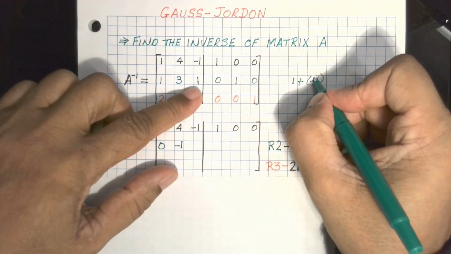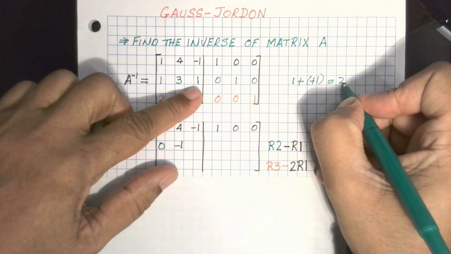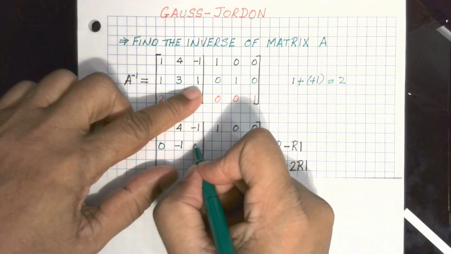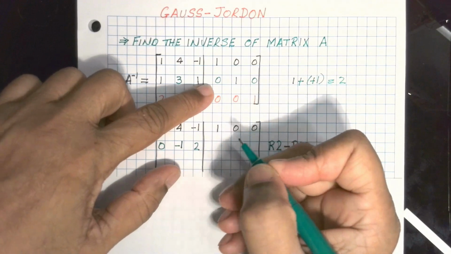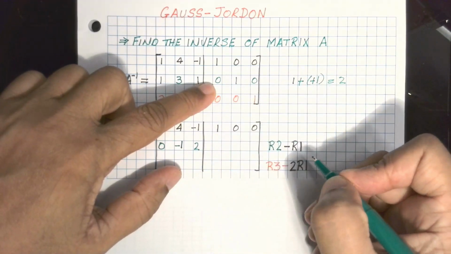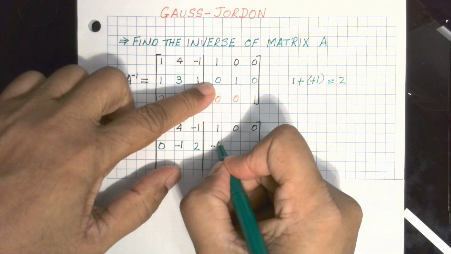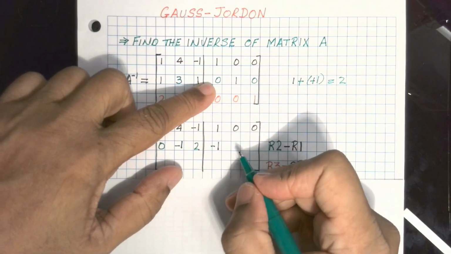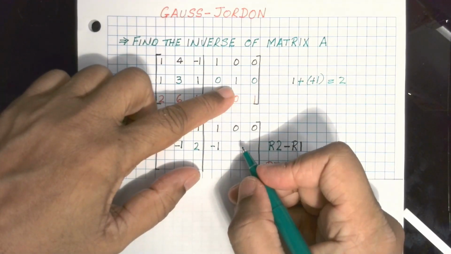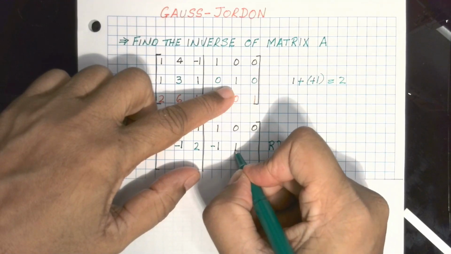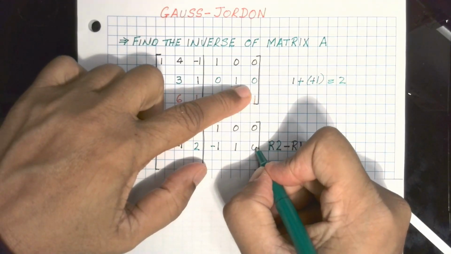This becomes positive, and you get a 2 in that position. Okay, and again we have row 2 minus row 1 will give you a minus 1. And then we have row 2 minus 0 does not change, and this one doesn't change either.